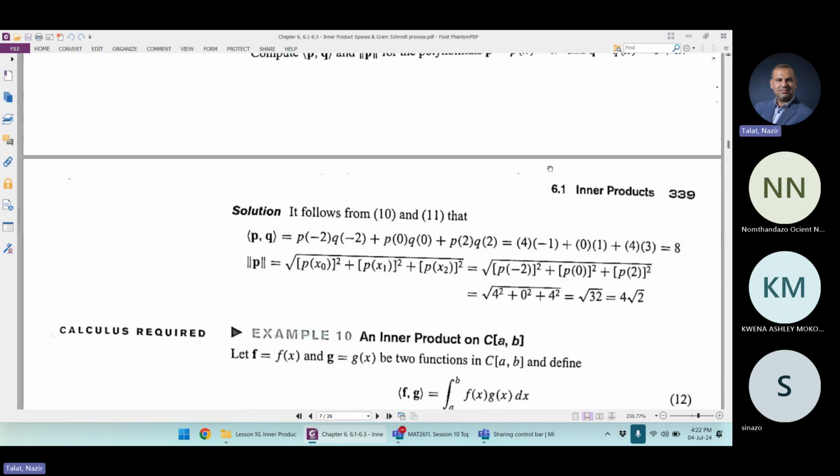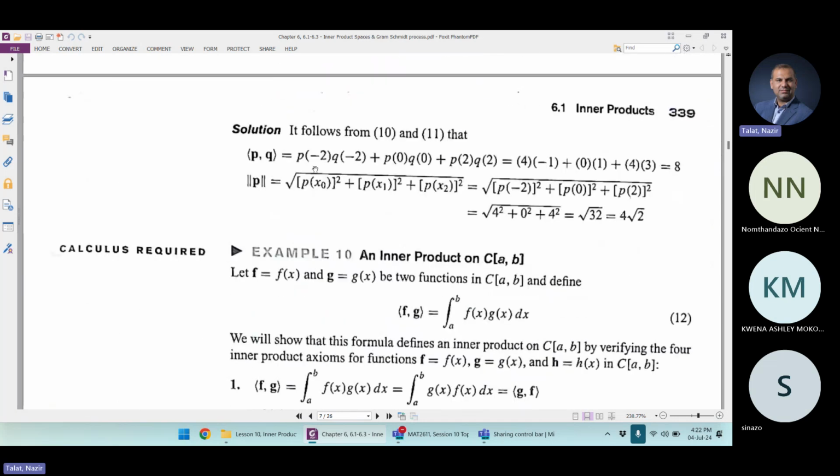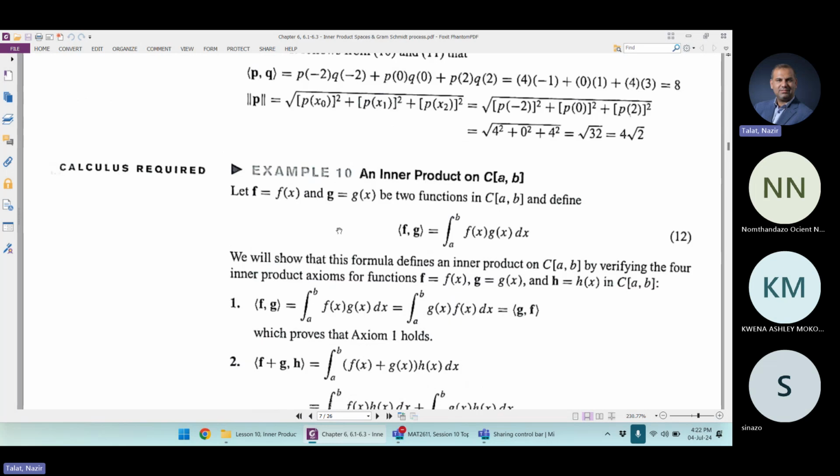Then we can compute these entries by simply putting the values minus 2, 0 and 2 in their respective places. In this way, we can compute the inner product of p and q and the norm of p.